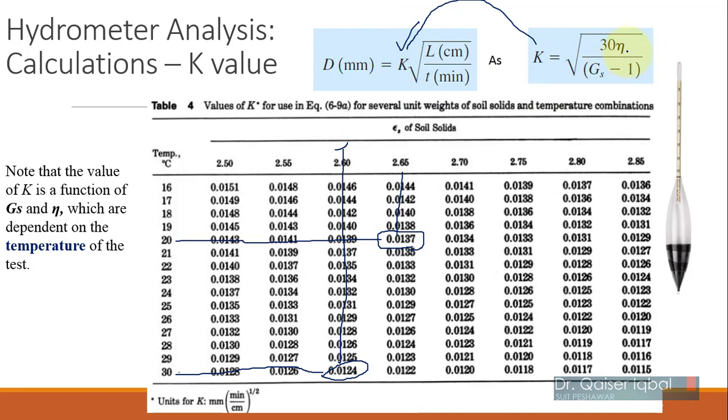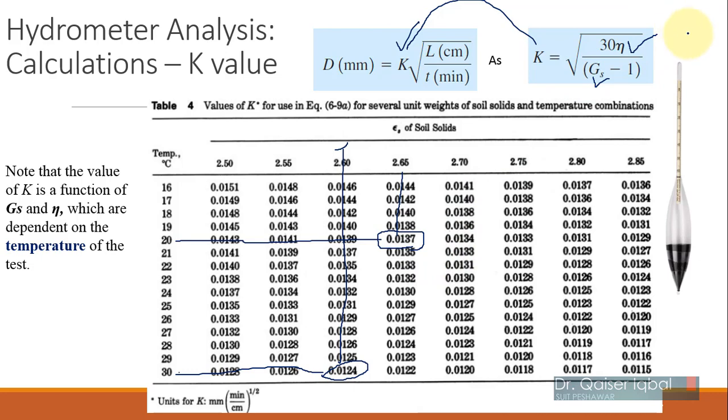Or if you have the viscosity provided, in our laboratory, remember, we have got a viscometer. So if you have water, you can just take it and determine the viscosity in the viscometer. This is available in your lab, and if you want to determine specific gravity, then you can determine it using the pycnometer as well. But remember, you have to determine the viscosity at the temperature at which you will be doing the test.